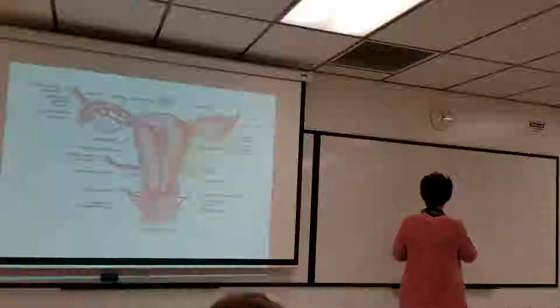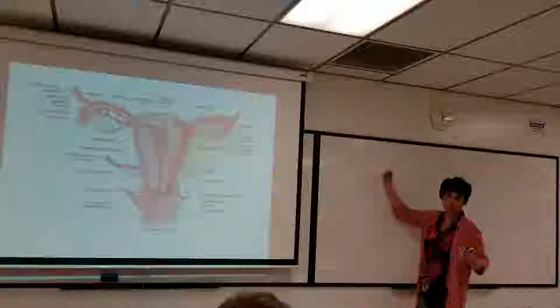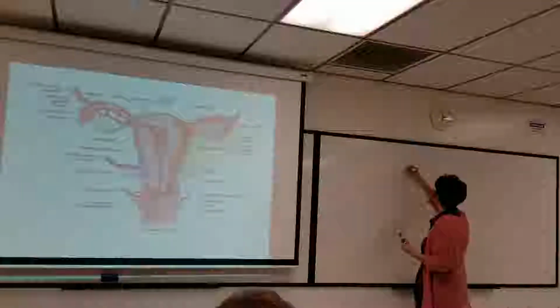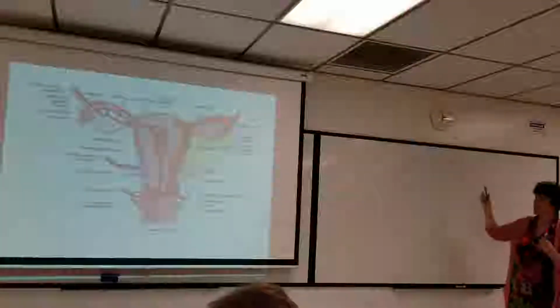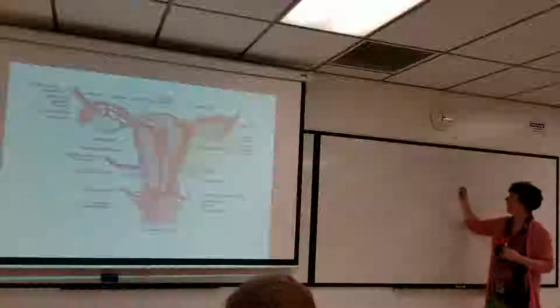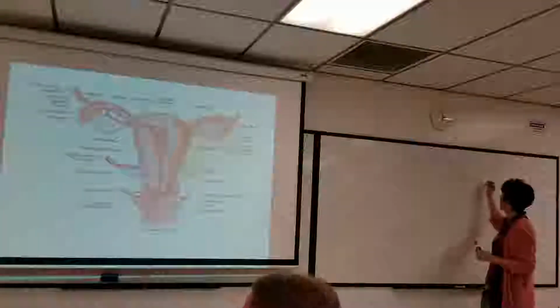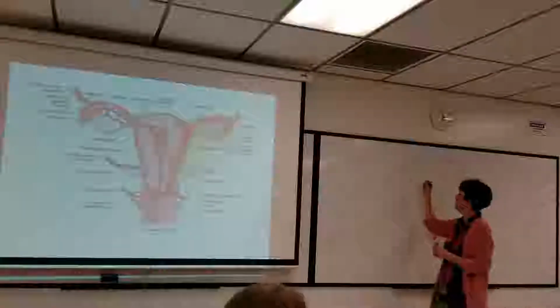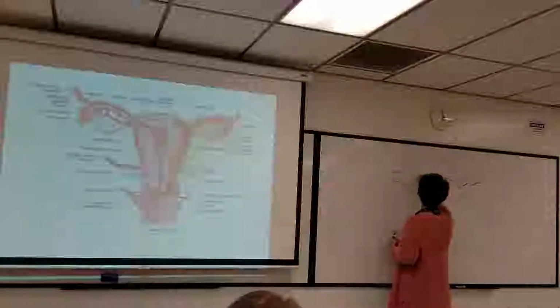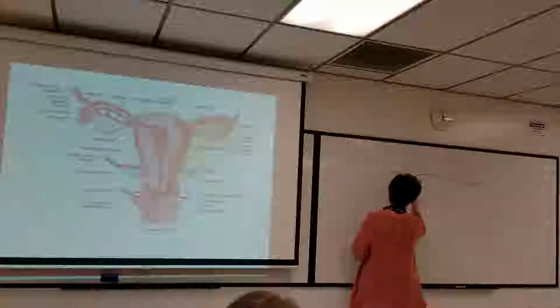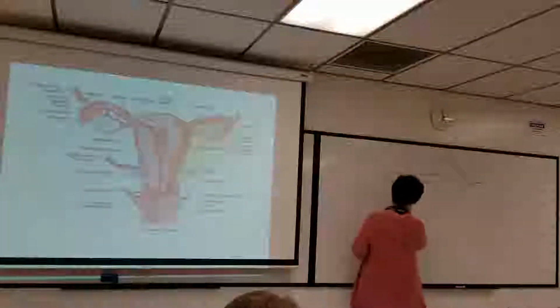So, I'm not going to draw all the oviduct structures out here, just the components. At the top, this rounded part, like an upside down pear, is the fundus, okay? We have the oviduct coming in here, in part, and then we have the body of the uterus.